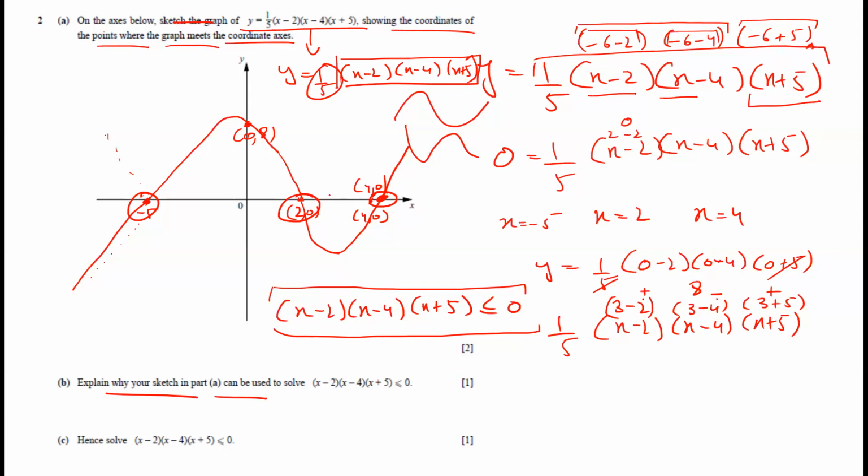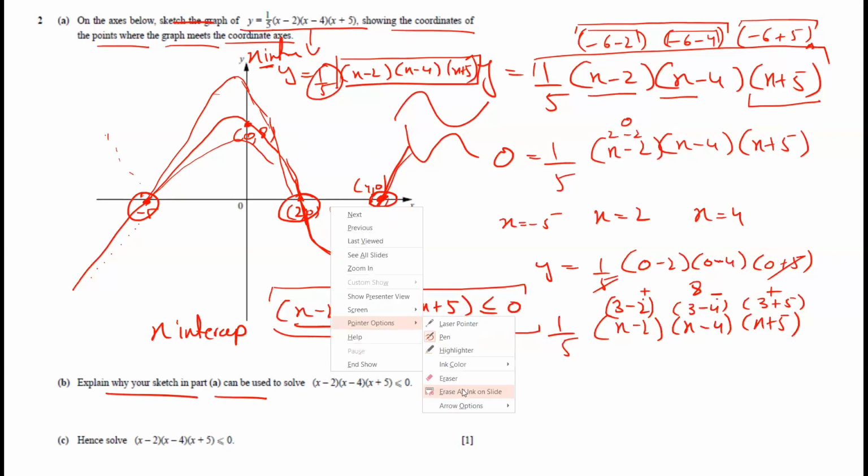The x-intercepts will remain invariant. So in (x minus 2)(x minus 4)(x plus 5), the x-intercepts will not change. Yes, indeed, the height may not be as high as this, or it might go up, but it will hit the same x-intercepts.